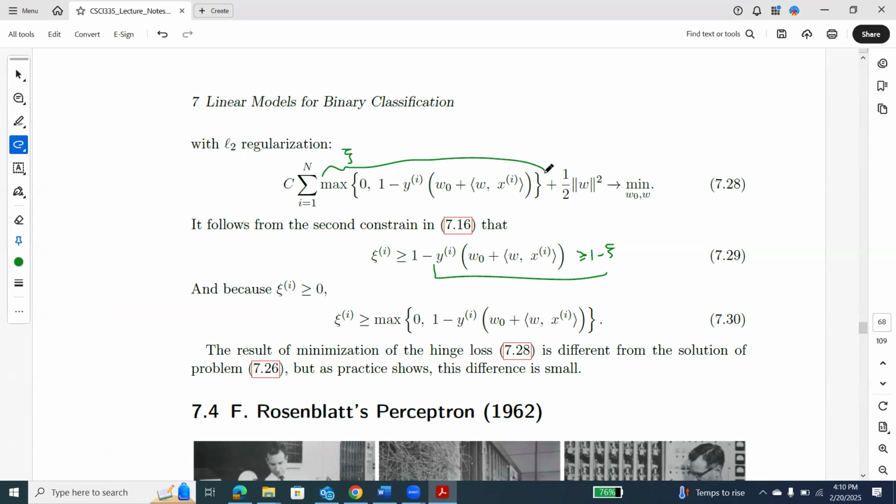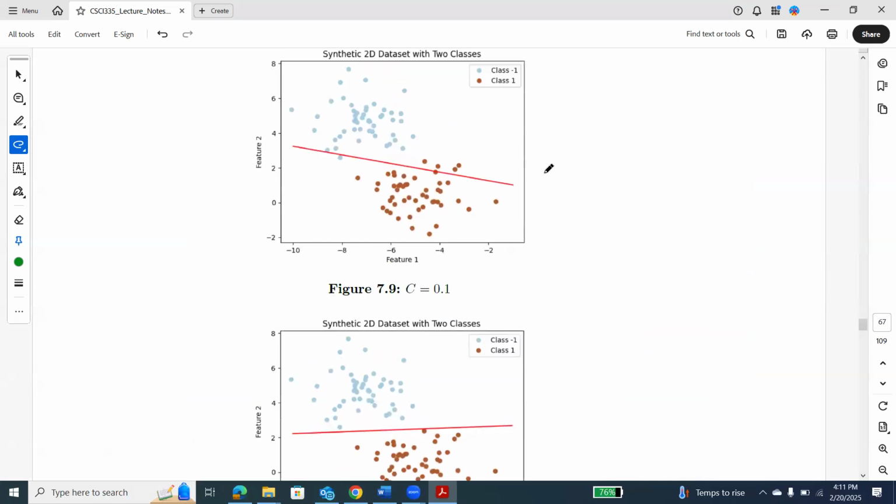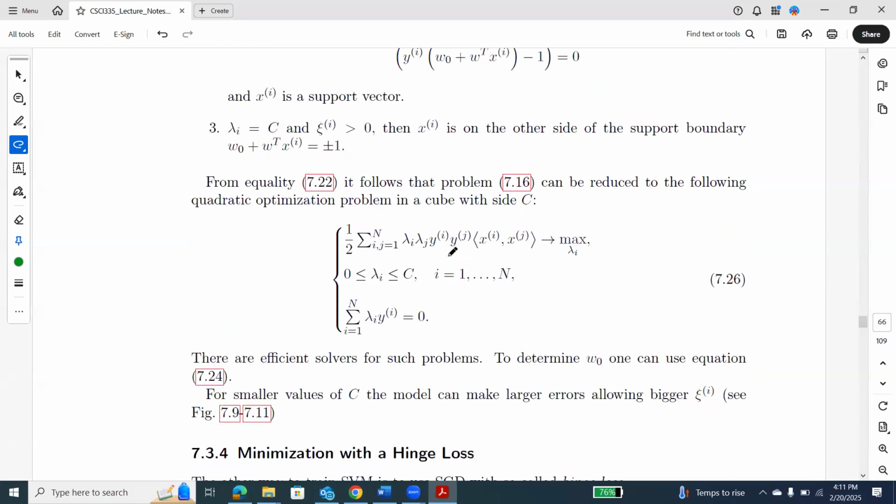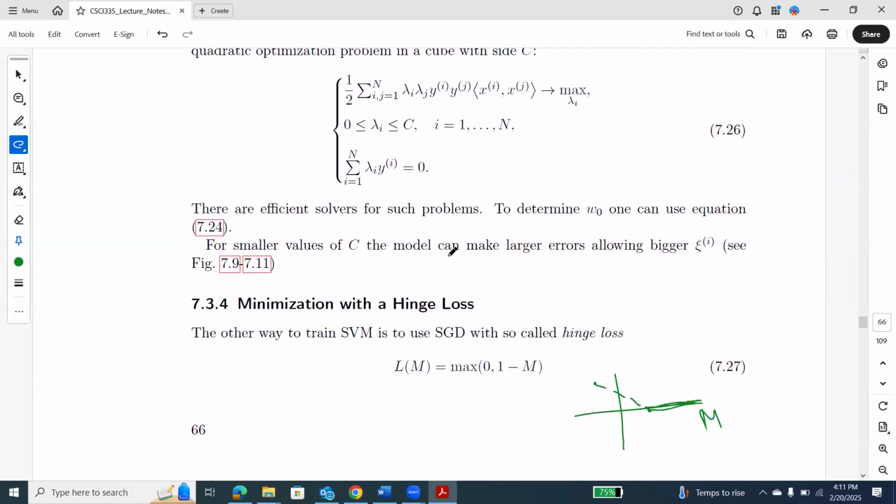Also, we know that xi can be 0. That's why we clip by 0. And now we will minimize this function without any constraints. So you can just apply gradient descent, but this will be your loss function. And in scikit-learn, you can run gradient descent with this loss function, and you will solve actually the support vector machine problem. So instead of using the exact solution with constraints, you can use this trick.